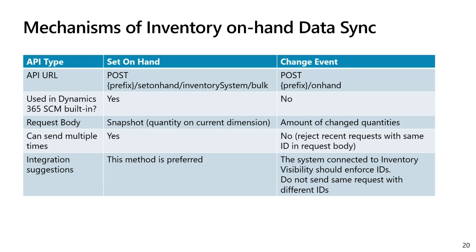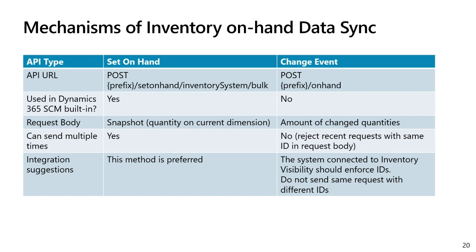On the other hand, we also have an API called change event, which posts the changed quantity. For example, we may have 100 pieces on hand. Posting a change event of adding 10 would result in an on-hand quantity of 110.